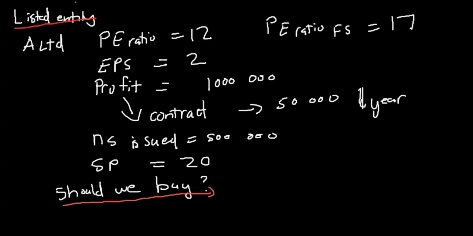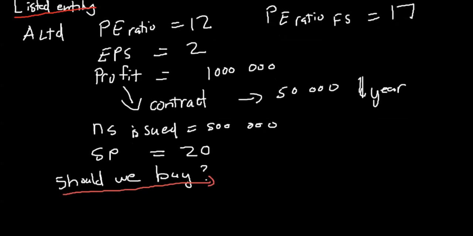Now, the first thing you should be thinking in this case, because I've got a listed entity and they give me information about a multiple, so these are price multiples, therefore the only logical valuation technique I can use here is a relative valuation.